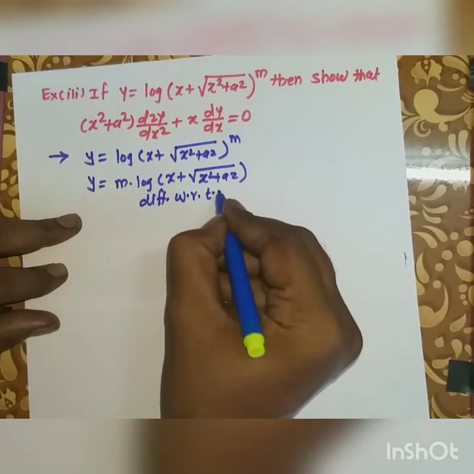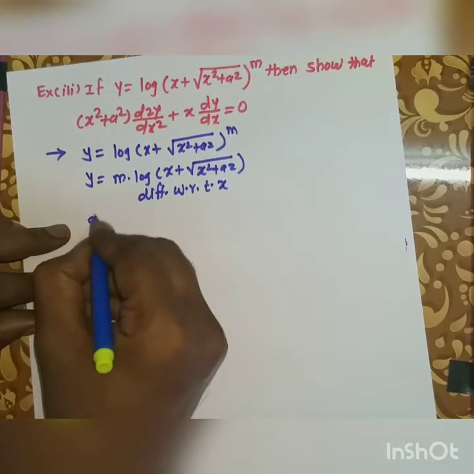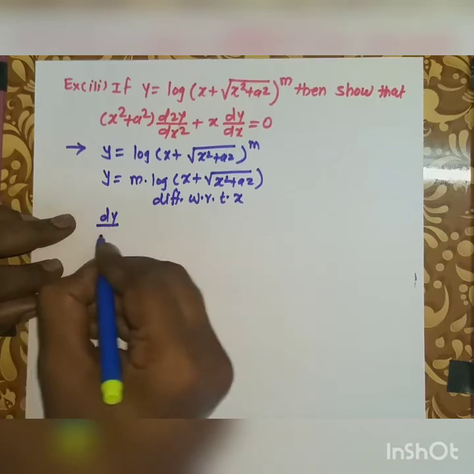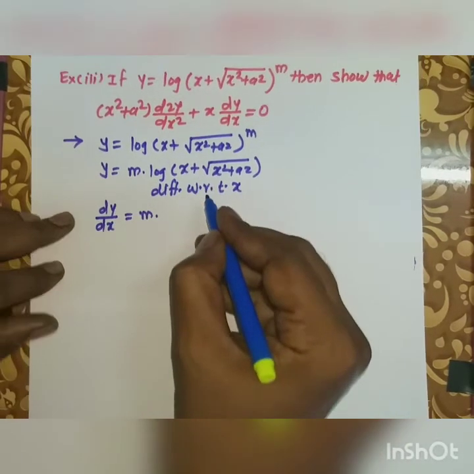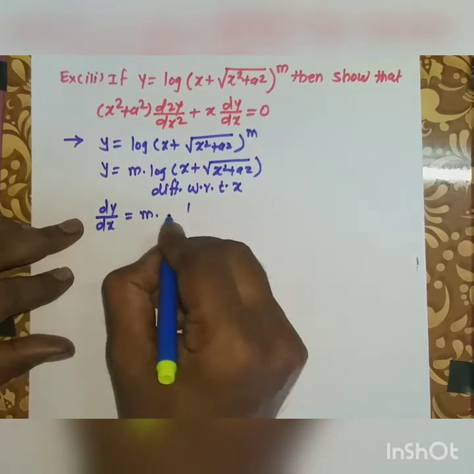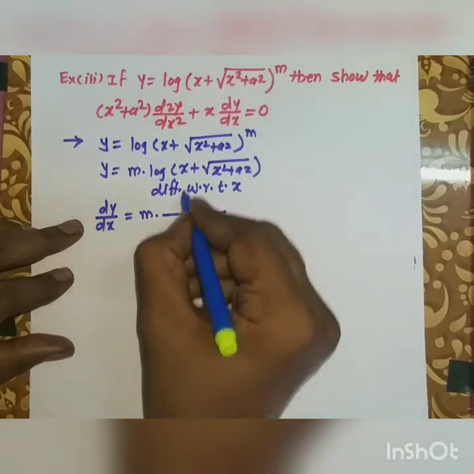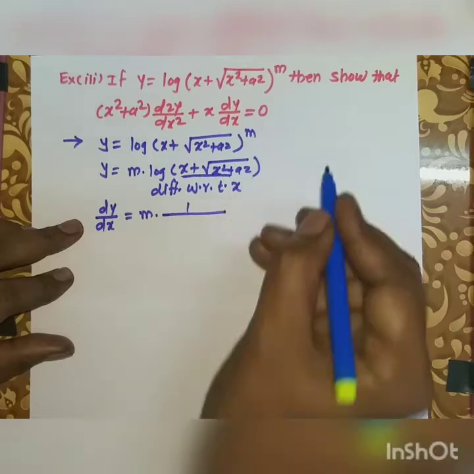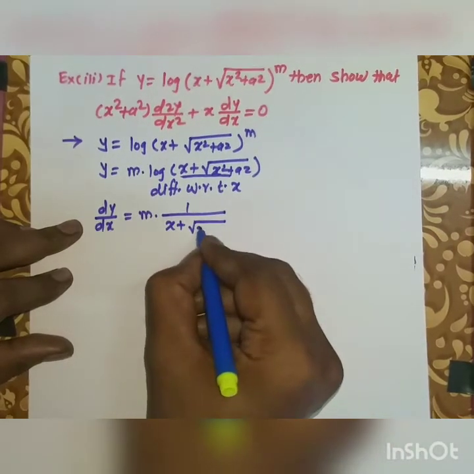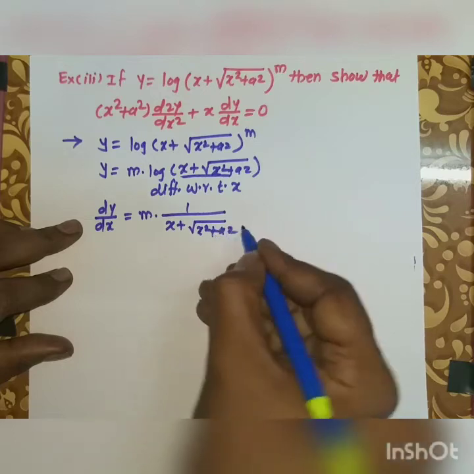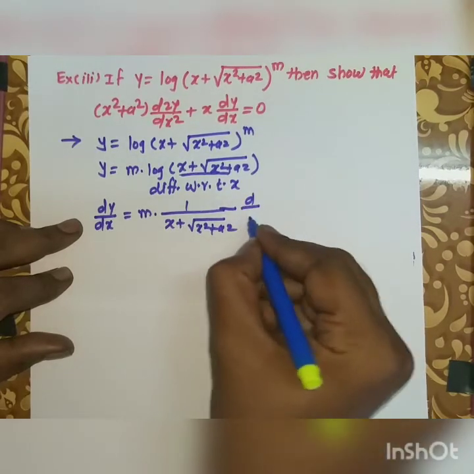with respect to x. dy by dx is equal to m into the derivative of the log function, which is 1 divided by the variable. Here the variable is x plus under root x square plus a square, which is a composite function.